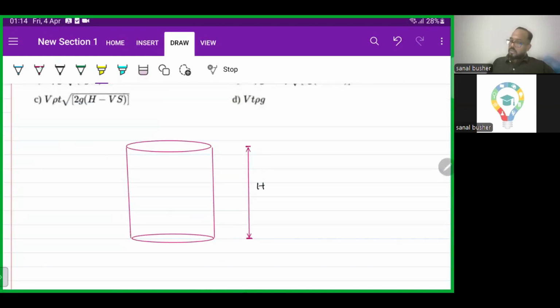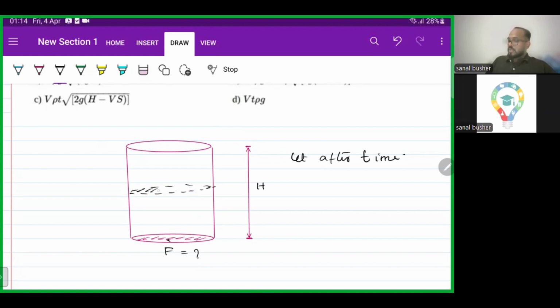Imagine that this is the bottom part. So at this point, what is the force acting? That is your question. So let after t time the water level be this much.